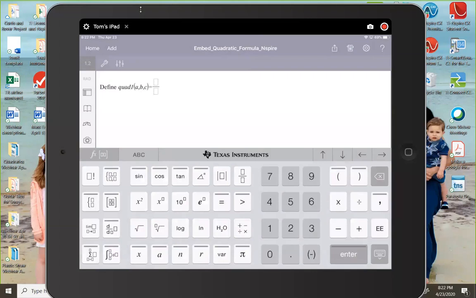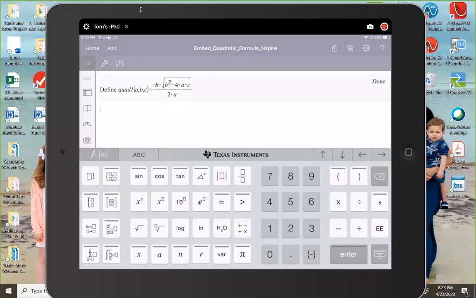The opposite, not the minus sign, but the opposite of, notice I'm sliding to B, plus the square root, again sliding to B, squared, minus 4. I'm going to put the times sign, even though I don't have to here, A. I do have to put the times sign in before I put in the C. And then down in the denominator, 2 times A. So there's my half of my quadratic formula.